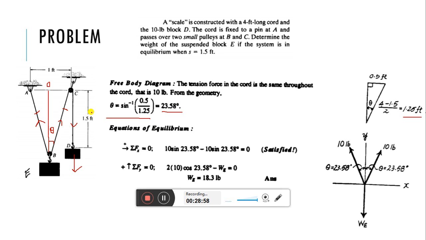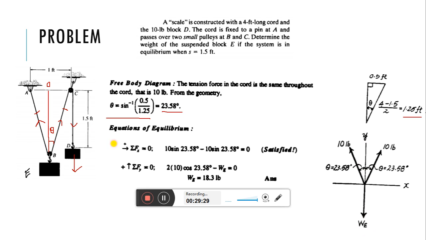Same concept we apply: on a single string, two different tension values cannot exist. So it is 10 pounds everywhere. So two 10 pound forces you show in this direction, and third is the weight of this unknown force, WE, weight of E. These two angles we already know.